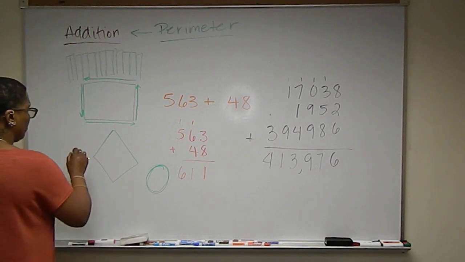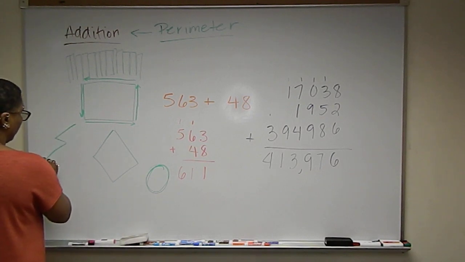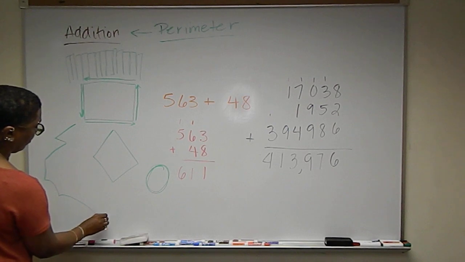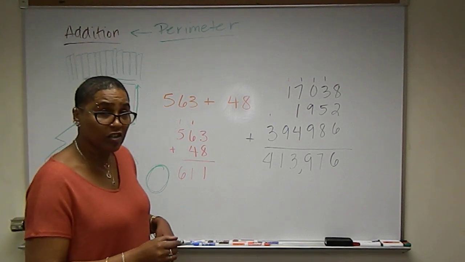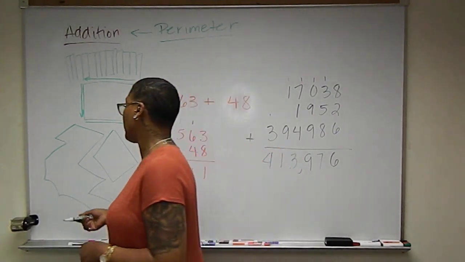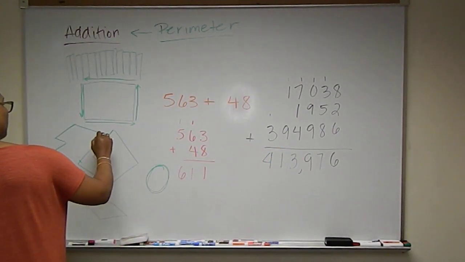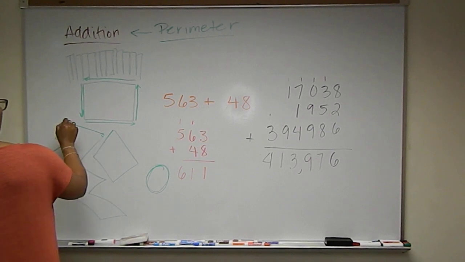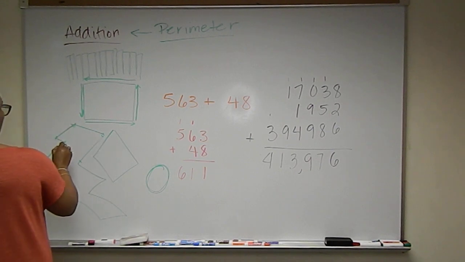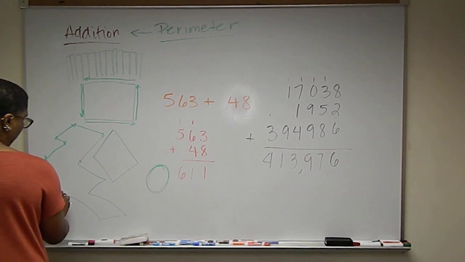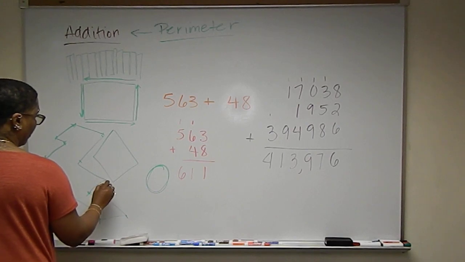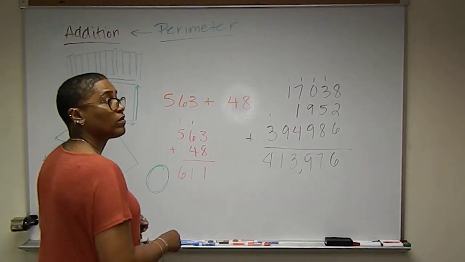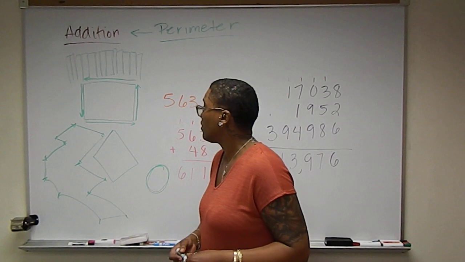But you can find the perimeter of any shape, because all you're going to do is take the measurements for each side. Make sure you get every side though, right? If you add the measurements for each side, that's called the perimeter, okay?